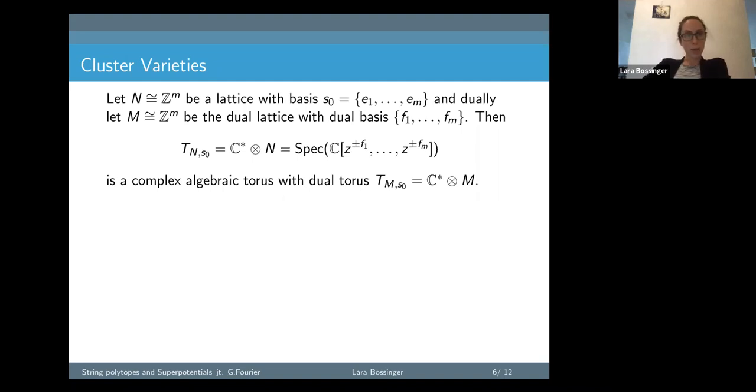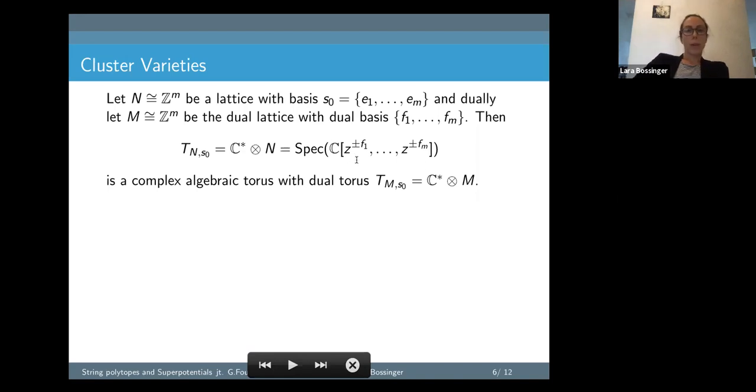Now, both lattices define complex algebraic tori. The first one, associated to N, is the Spec of the Laurent polynomials in monomials whose exponents are exactly these basis elements, plus or minus these basis elements.